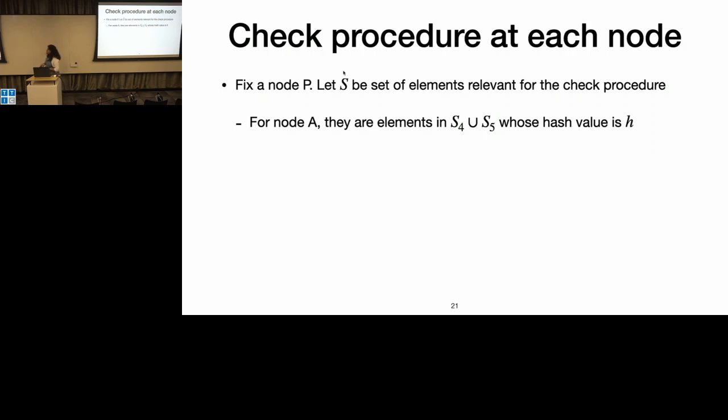For example, for node A that we defined previously, these would be elements in the set S4 union S5 whose hash value is H. We just want to check if there is some element there that occurs in all of those windows. Hopefully that is a heavy hitter, but at least that's what we're looking at. Does this make sense? All right.